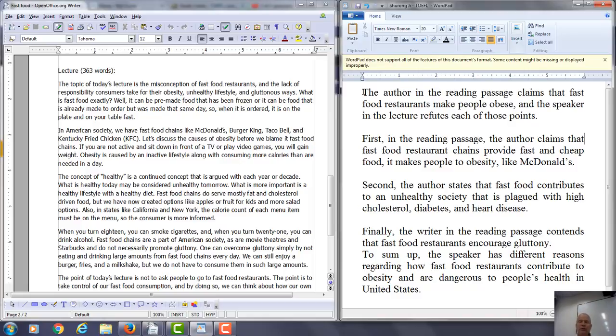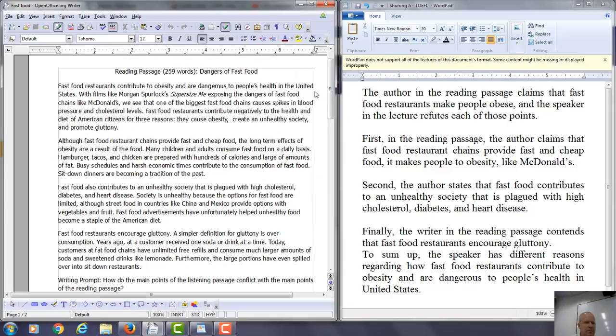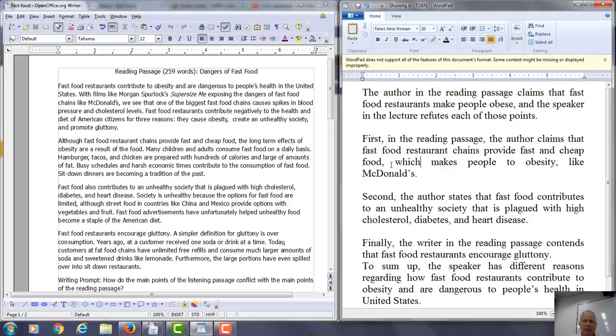So far, your introduction is connecting the two main points, which is good. So it says, in the reading passage, the author claims that fast food chains provide fast and cheap food. Instead of saying it, you might say which.